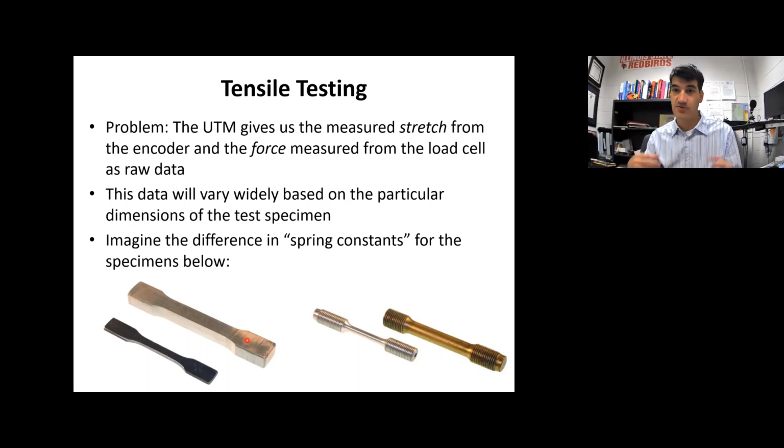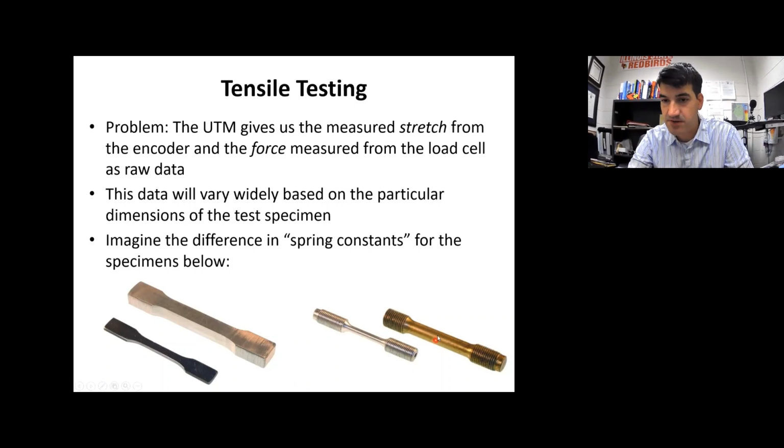It would take a lot more force to get a certain extension in this part than it would in this part, right? So when we have a relationship between force and stretch, that is an extrinsic variable. That's extrinsic, because it depends on how big your specimen is.